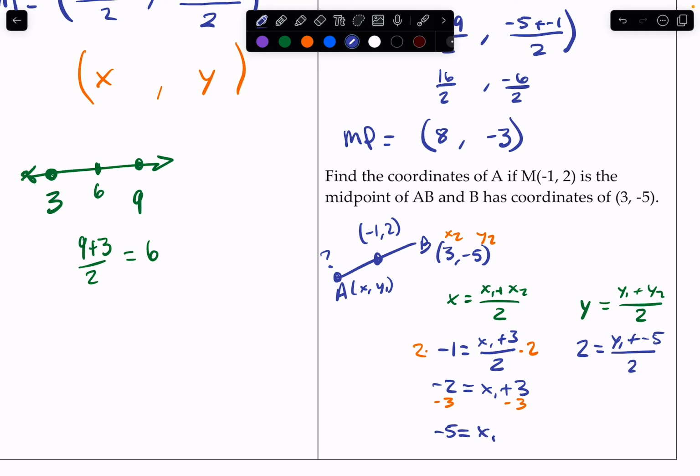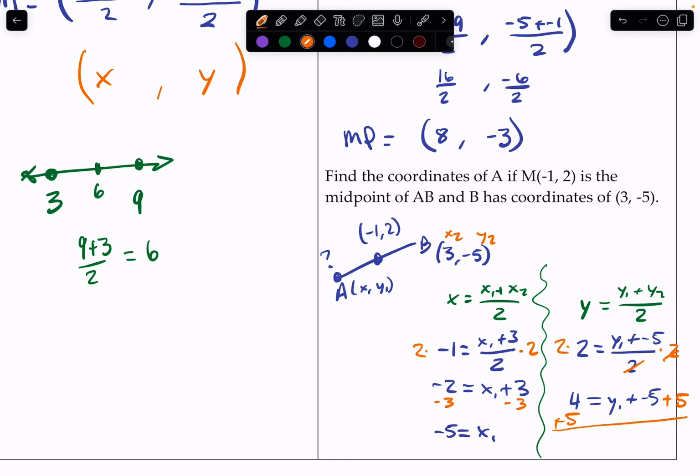So let's do, again, a little bit of math. Let's throw a line in here so we keep things organized. Let's multiply both sides by 2. The 2's cancel out over here. We have 4 equals y1 plus a -5. And you could subtract a -5, you could add 5. What we're trying to do here is cancel out that -5. So if I have a -5, I can cancel out that -5 by adding 5.